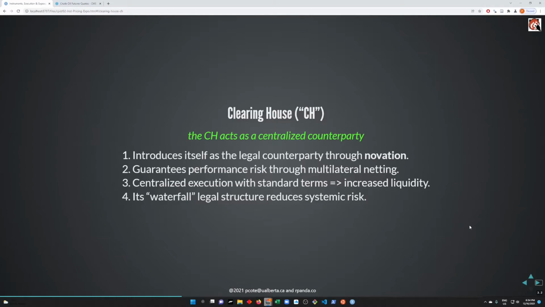If such a mechanism fails, it goes further into the waterfall, all the way to, at the end, the actual equity of the collateral of the clearinghouse. And that provides a solid mechanism to eliminate or reduce systemic risk, which would be defined as the risk of a market participant defaulting on its obligation and transmitting itself to further defaults in the system.